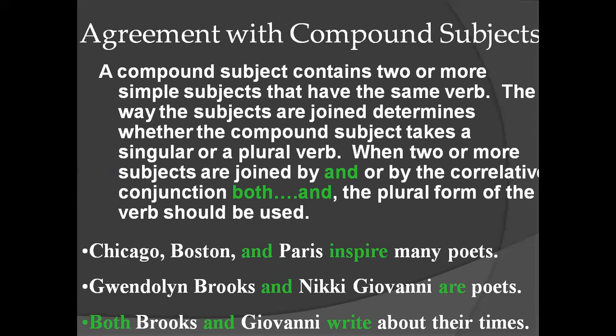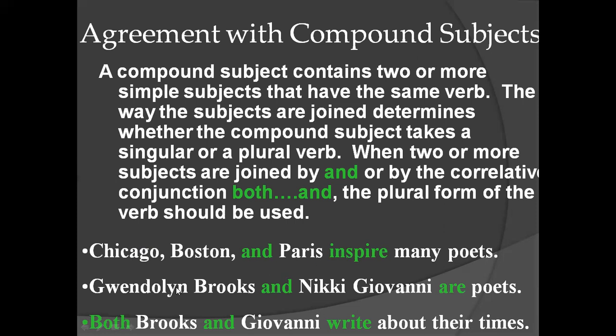When two or more subjects are joined by and or by the correlative conjunction both, and, the plural form of the verb should be used. Chicago, Boston, and Paris inspire many poets. You can see the words in plural form. That's why the verb doesn't take any s or es.